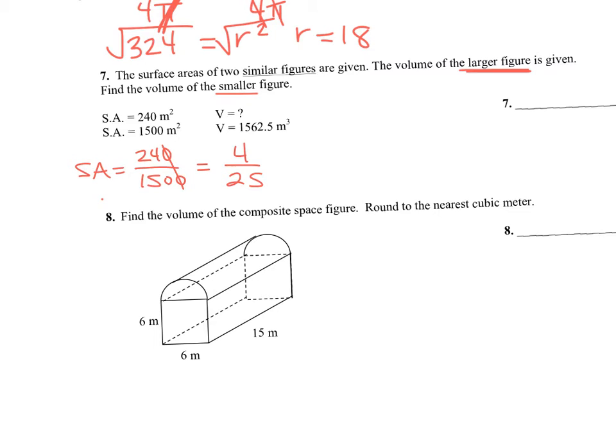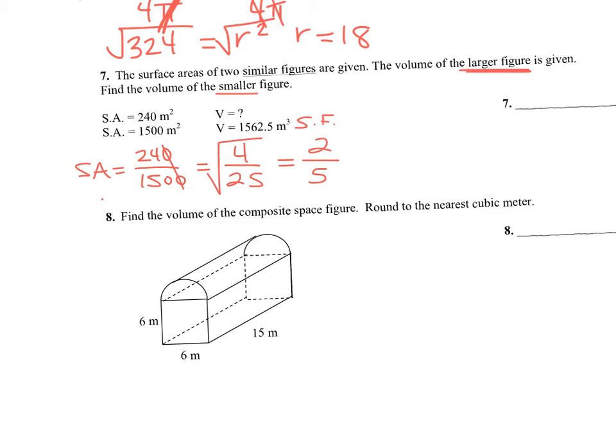Right now, that is which ratio? Surface area. Okay, so we have an area ratio. We're trying to get to a volume ratio. So like Angelina said, we got to square root this. So you're going to square root both. The square root of 4 is what? 2. The square root of 25 is 5. Okay, so right now this is a scale factor.